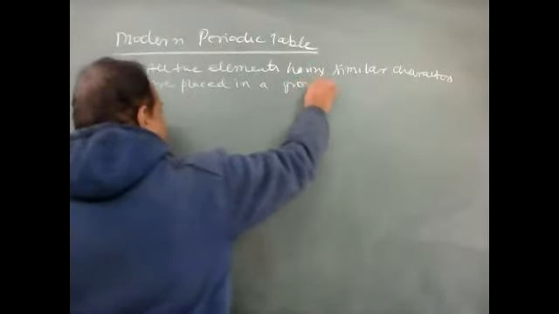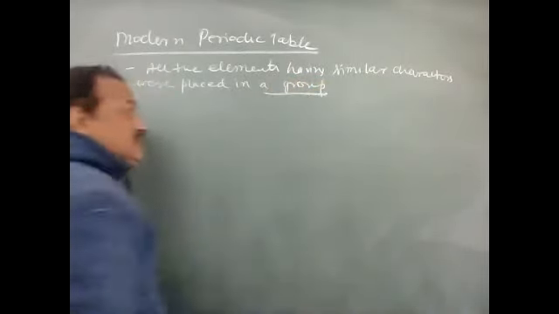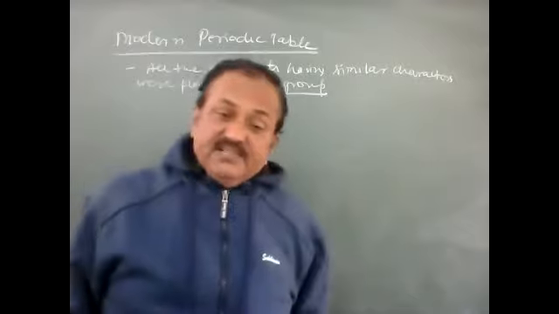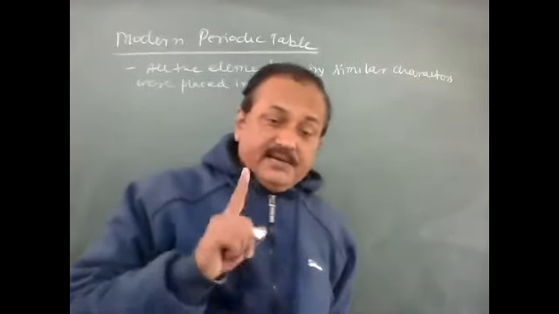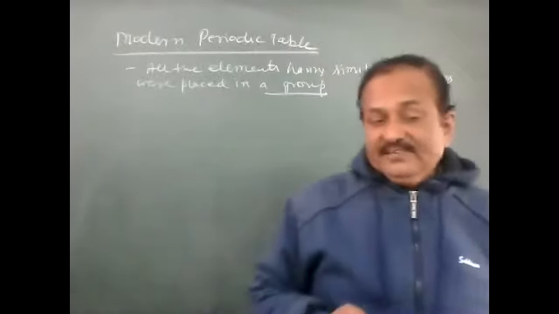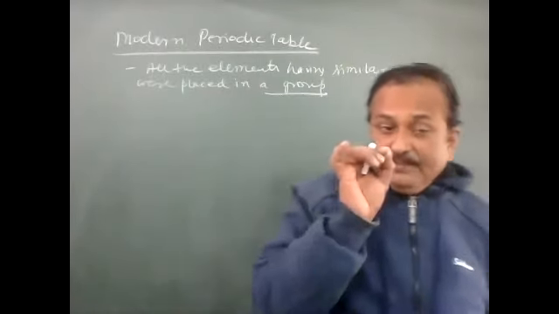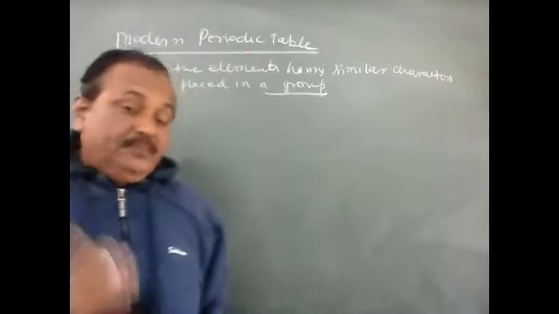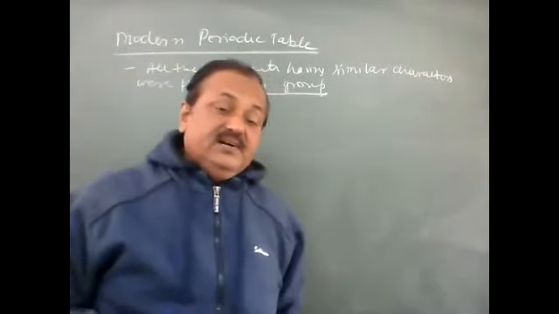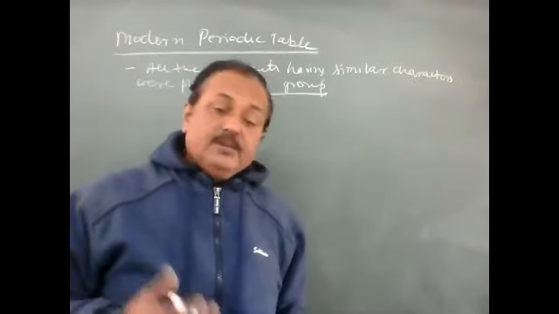This is a very important point. It was an automatic arrangement, because electronic configuration is the basis of activity, and when we arrange the elements in order of increasing atomic number, atomic number is nothing but the number of electrons or protons.